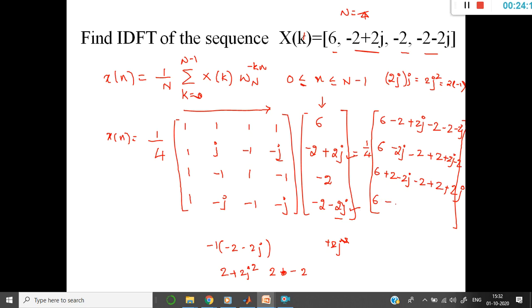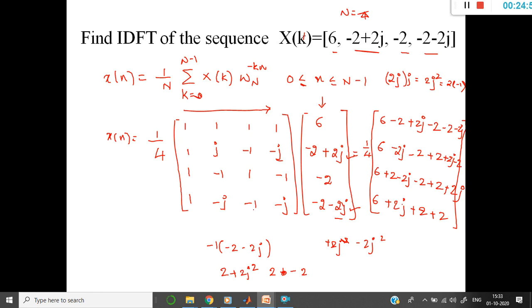So this will be plus 2j, right? Plus 2j, j into 2, that is minus 2j square. Minus 2j square means this will be plus 2. Then minus into minus plus 2 once again, and j is to be multiplied with this, j minus into minus plus 2j.